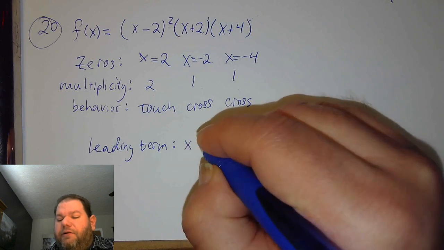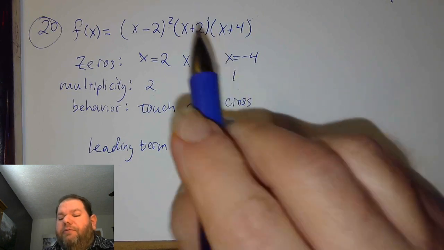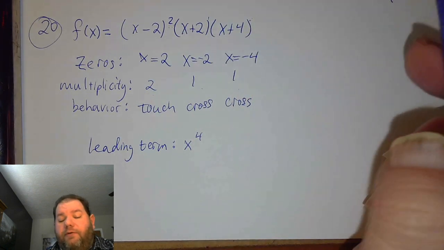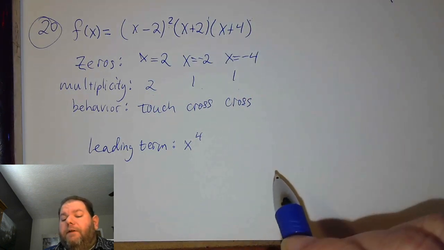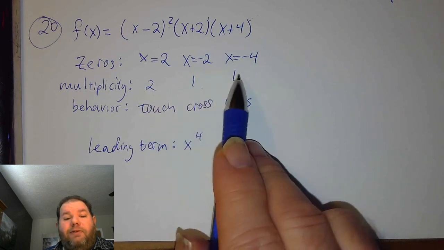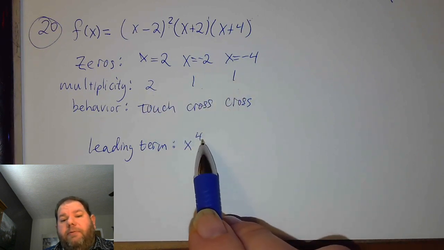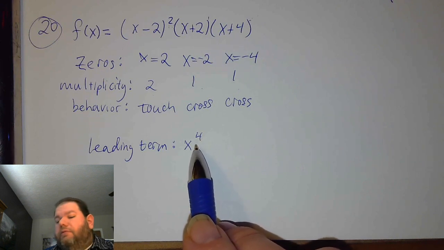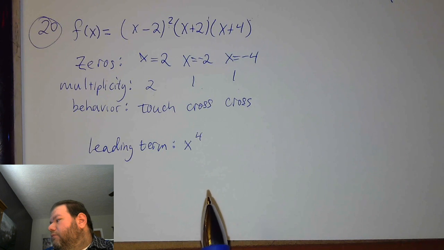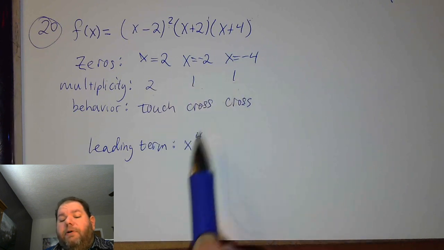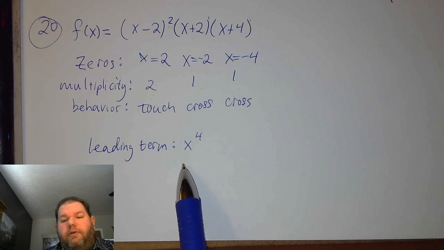X to the 4. Yeah, we're just saying 2 plus 1 plus 1, so x to the 4th power. In fact, if we add together the multiplicities, that should equal our exponent, because the number of solutions corresponds to the exponent on the polynomial.